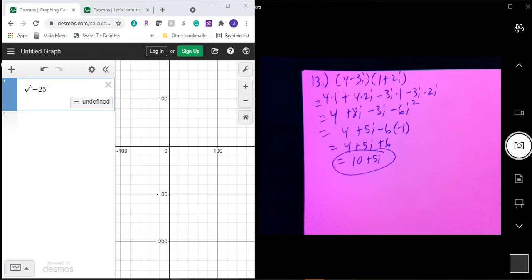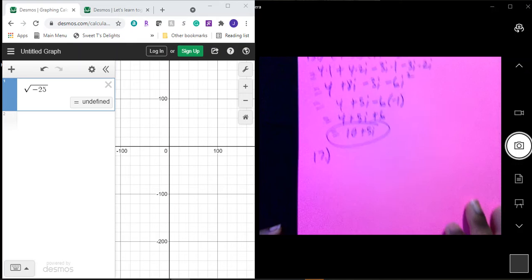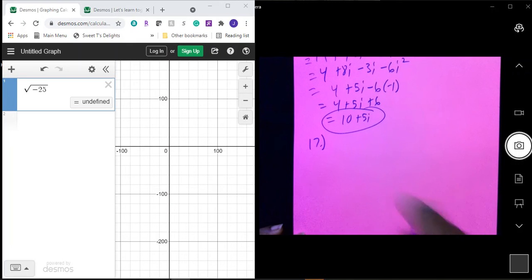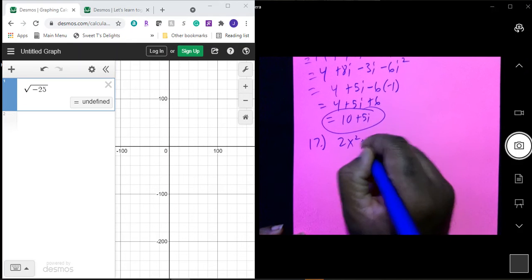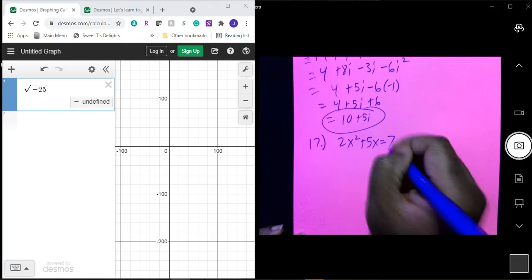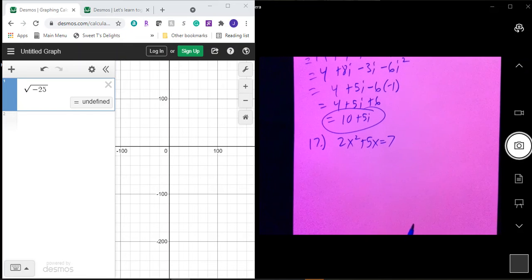Okay, our next problem is 17. Problem 17, we had 2x squared plus 5x is equal to 7. It says in exercises 15 through 18, solve the quadratic equations in the complex number system using the quadratic formula.